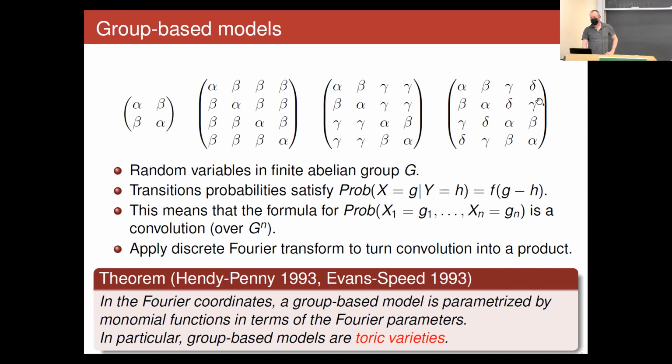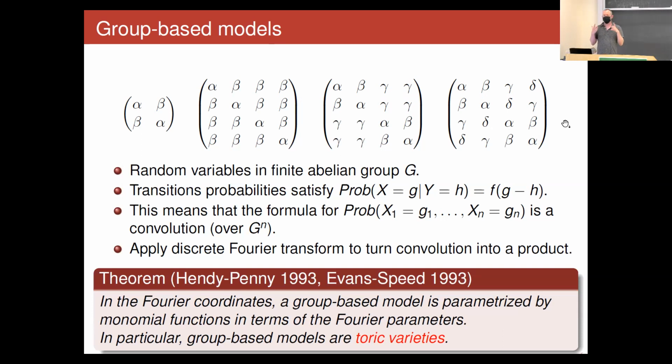this is the Kimura 3-parameter model, and on that one, maybe you see why they're called group-based models, because hopefully this looks familiar from your undergraduate abstract algebra class. It's like the multiplication table of the Klein 4 group.